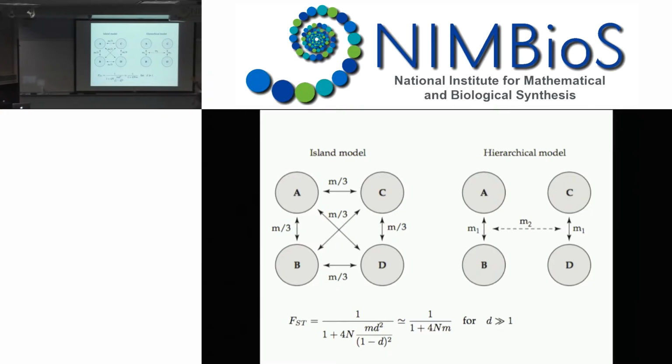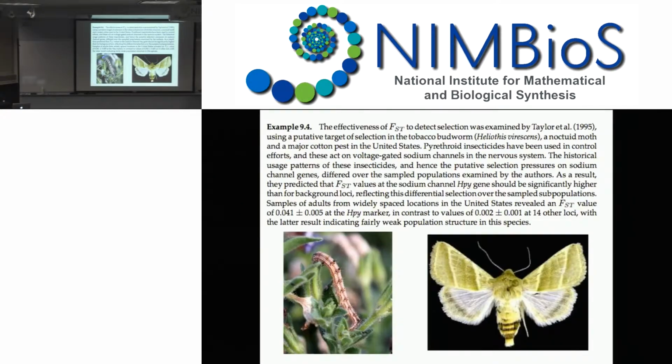And the key feature is all these different types of migration structure give you different levels of covariances, that is, correlations among different demes. In an island model, there's no correlation because everyone exchanges equally. In a hierarchical model, these will be correlated, those will be correlated, and between these groups will be less correlated. So all of those things will end up mattering in terms of looking at what FST is supposed to look like. And that's why there are so many of these FST-based tests.